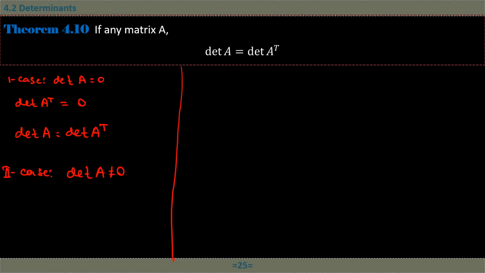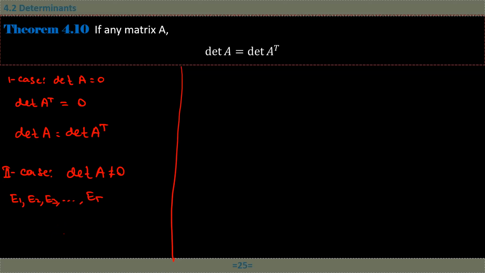We know that if the determinant is not equal to 0, that means A is invertible, and also we know that its reduced echelon form is equal to I. By applying k elementary row operations, we can reduce A to its reduced echelon form. Assume those elementary row operations are E1, E2, E3, dot dot dot, Ek.